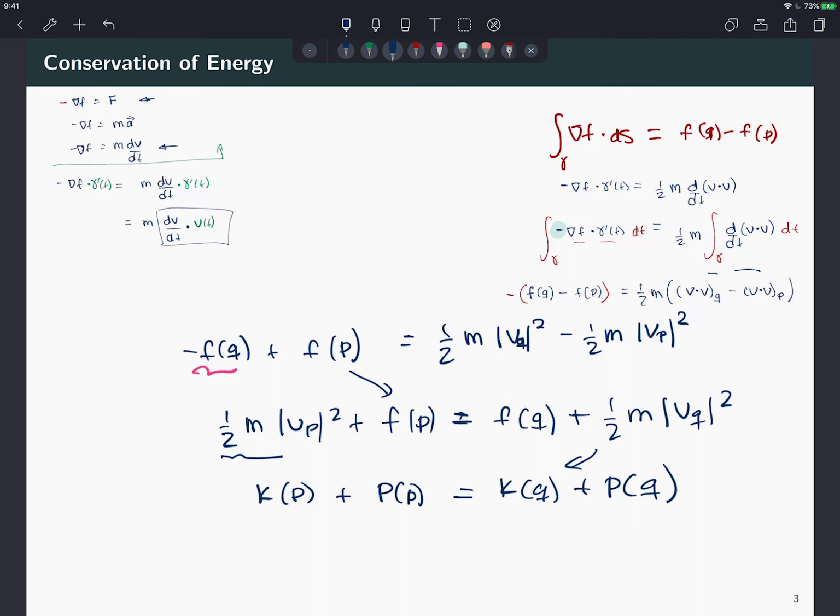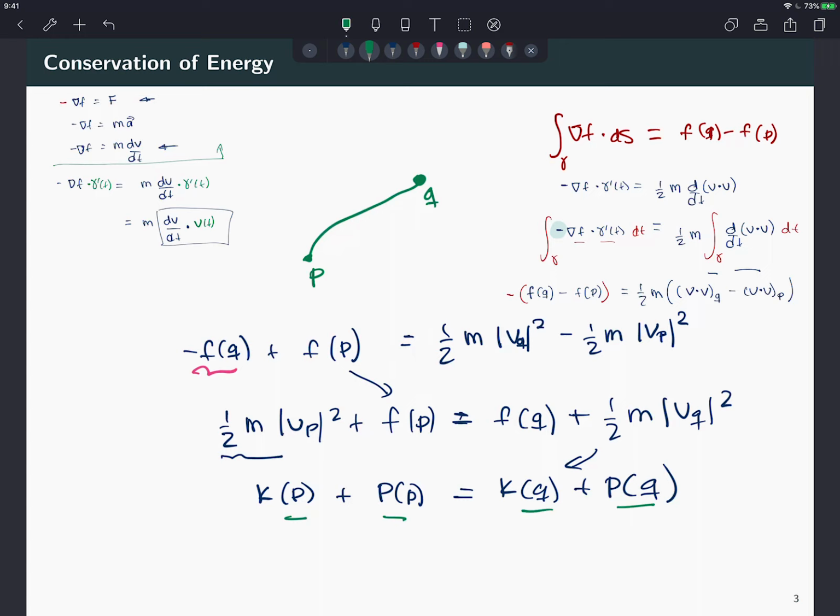Okay, so this is what happens with a conservative vector field. What this is saying is that the energy got conserved or didn't change. The total energy at the point P, kinetic plus potential, is the same as the total energy at Q, kinetic plus potential.